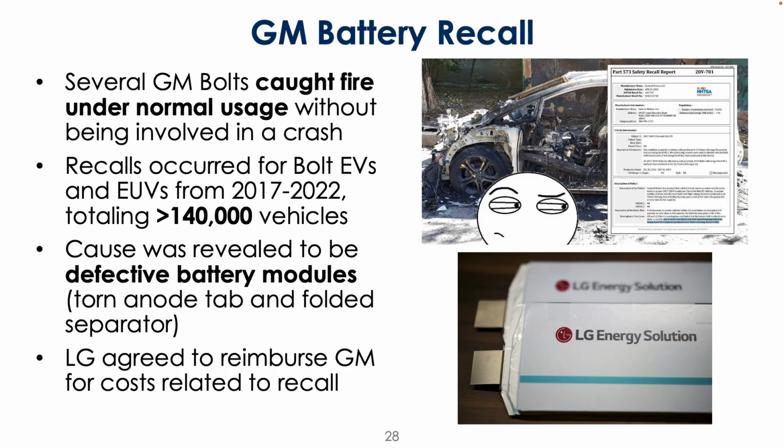So we're going to look at the form factor of batteries in just a second. But essentially what happened was the way that these battery modules were put together, or actually the cells themselves were put together, there are these tabs that form part of the anode that are folded over.